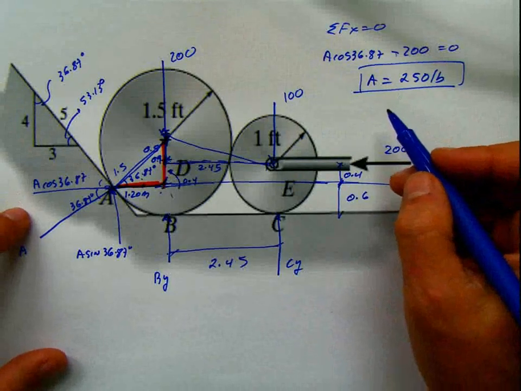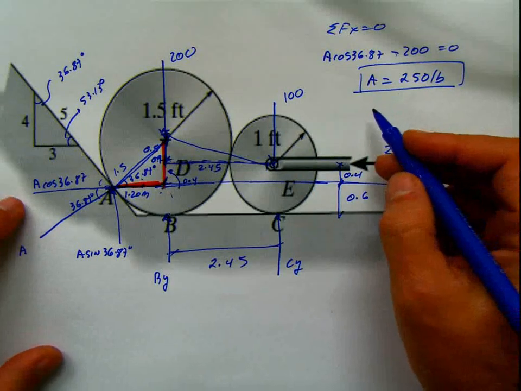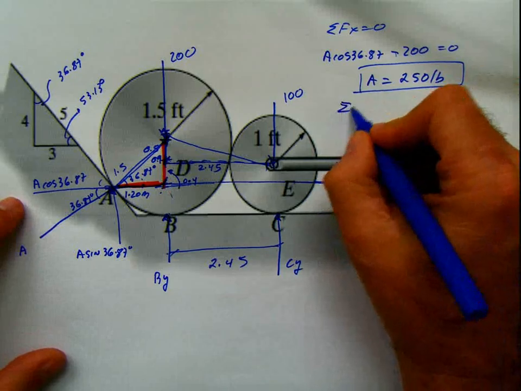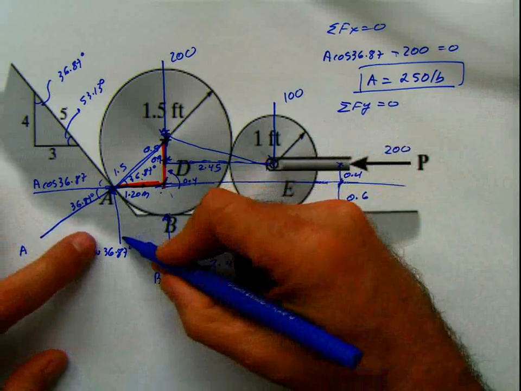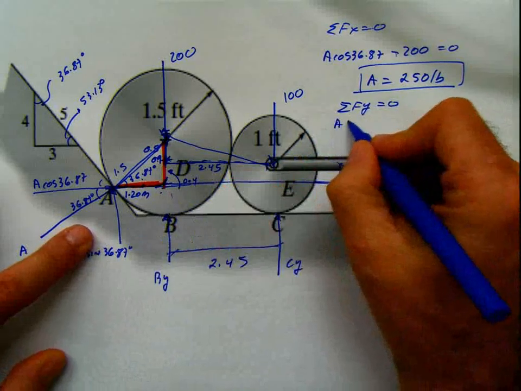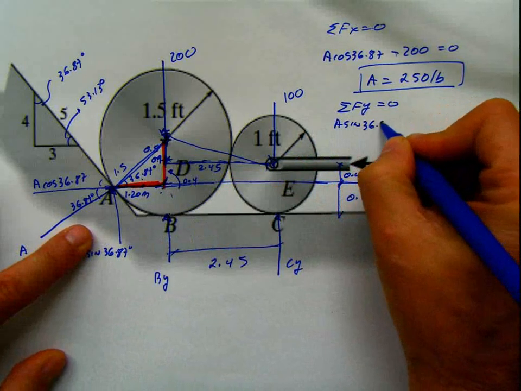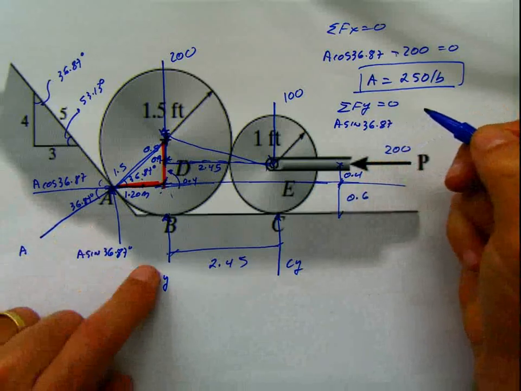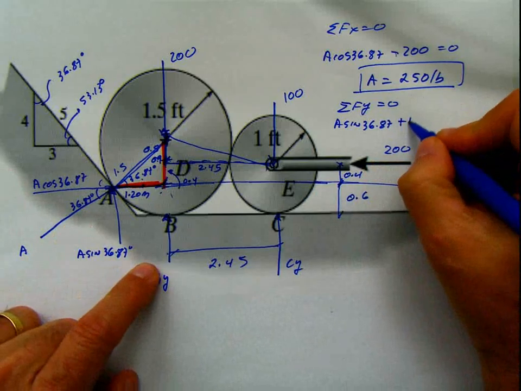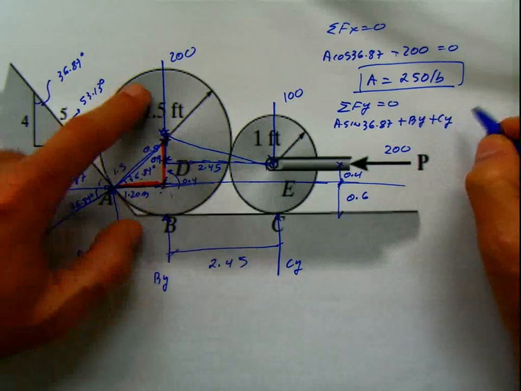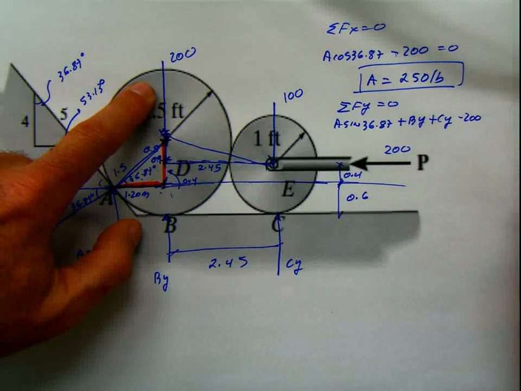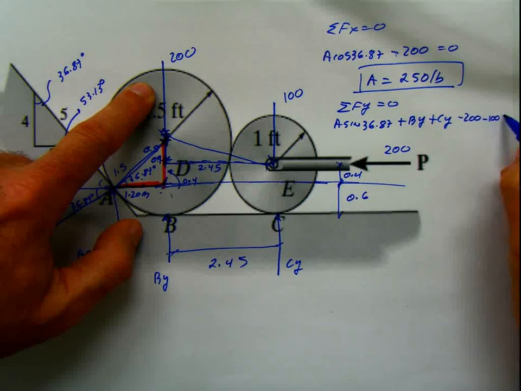And also, then I can do summation of forces in Y equals 0. And if I do that, I have A sine 36.87 plus BY plus CY minus 200 minus 100 equals 0.